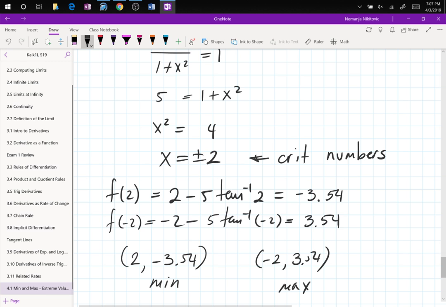Now clearly, let's say you care, hypothetically. We go immediately to Desmos and graph this just to make sure that it works. So we graph x minus 5 tangent inverse of x.